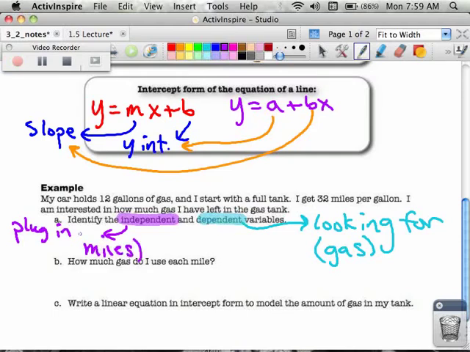So you have how many miles did you drive and how much gas did you use. Don't forget the independent variable is talking about x, and your dependent variable is talking about y. We just talked about this previously in the vocabulary and in the equations.